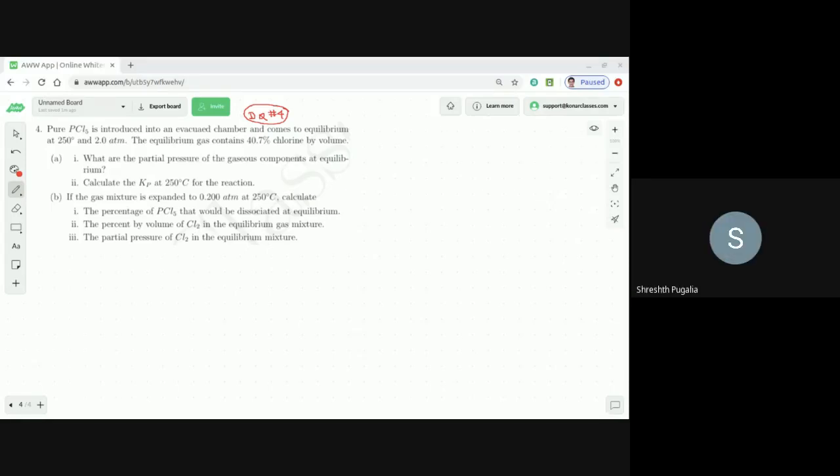Yes, sir. And Pratik, what about the answer to part B? Did you find the degree of dissociation of PCl5? No, sir, I couldn't do it. Okay, so let me discuss this thing. So here goes the solution.